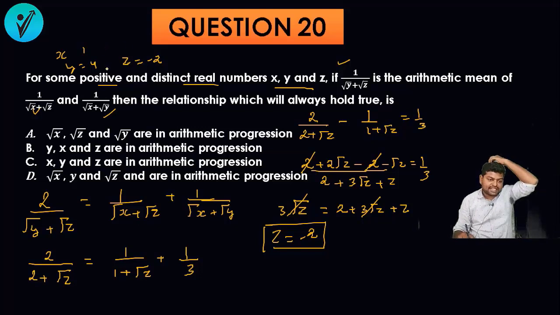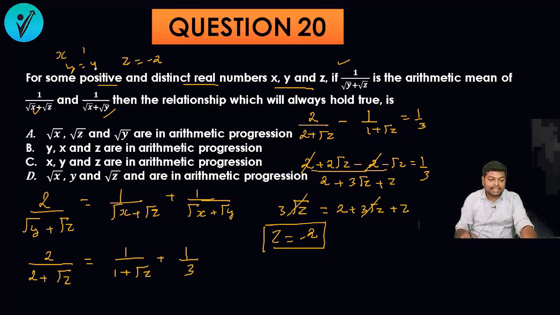Yes, okay, so we can say that y, x and z are in arithmetic progression. Let my first number is y, okay, common difference is minus 3. So 4 minus 3 I'll be getting x, then 1 minus 3 I'll be getting z. So I am getting this relation, y, x and z are in arithmetic progression.